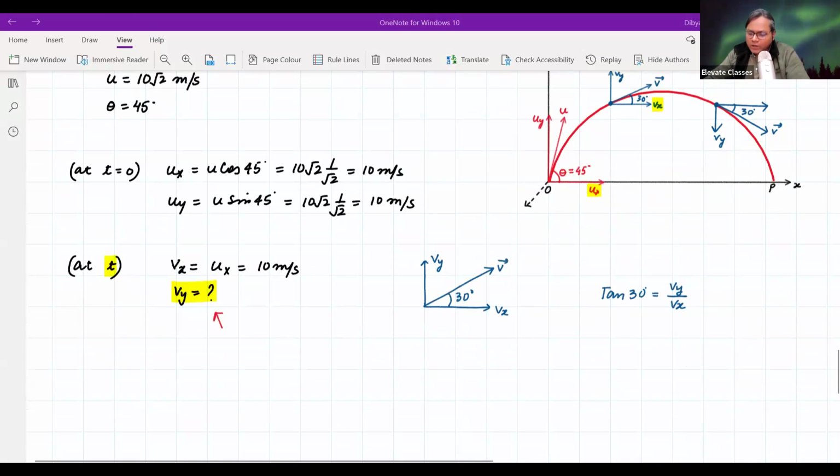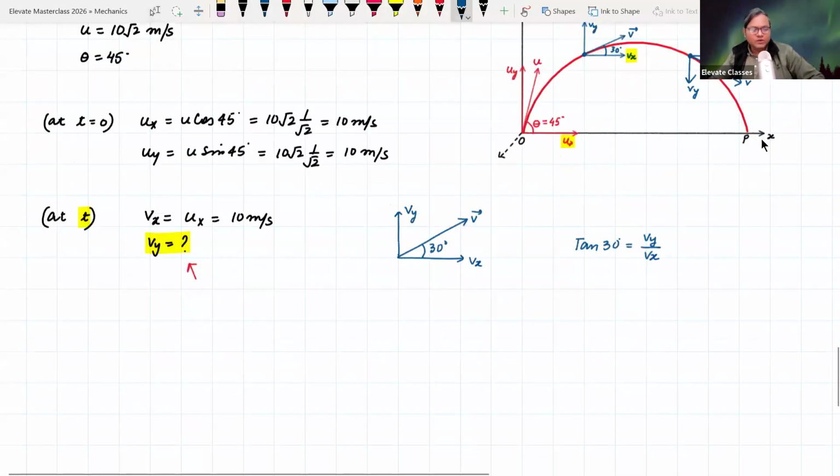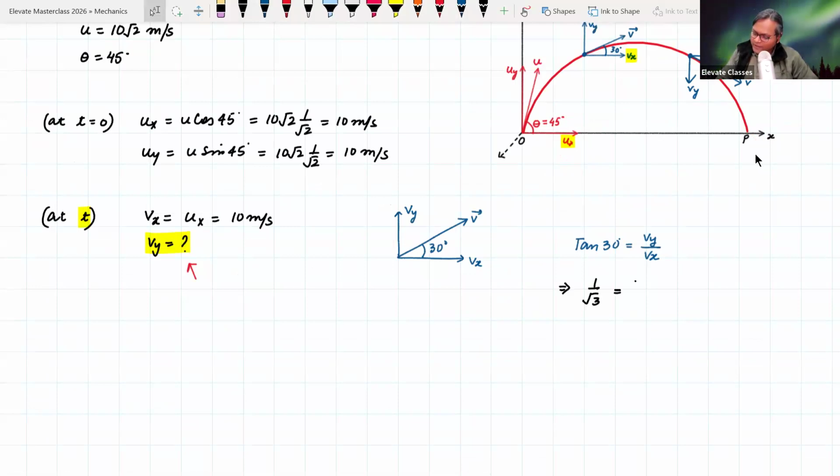So from here we can obtain Vy. I can find Vy from here. Okay? So what is tan 30? tan 30 is equal to 1 upon root 3. Vy, we do not know. Vx is 10. So therefore Vy is equal to 10 upon root 3 meter per second.